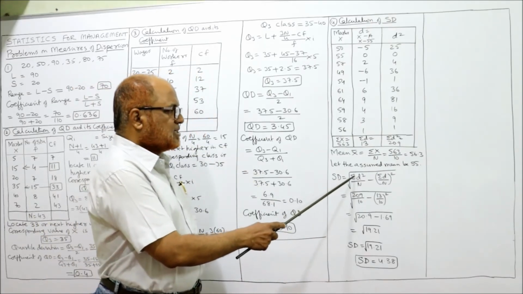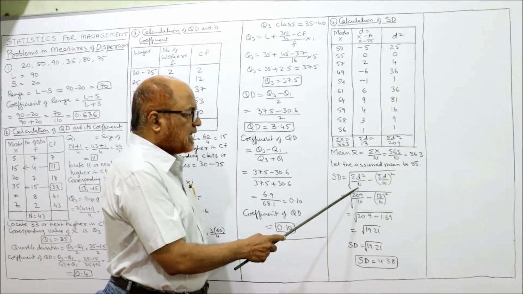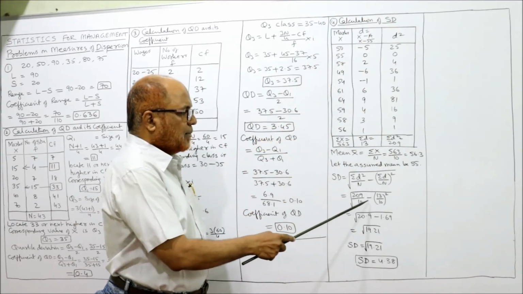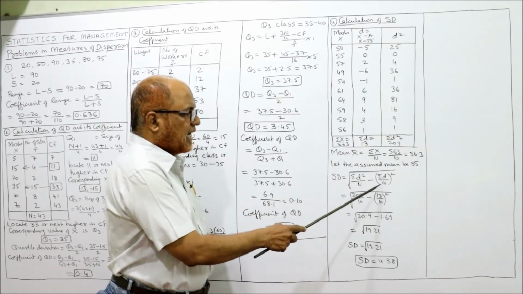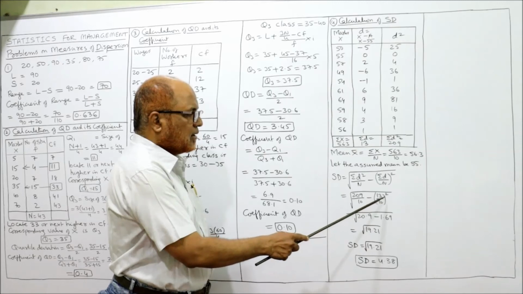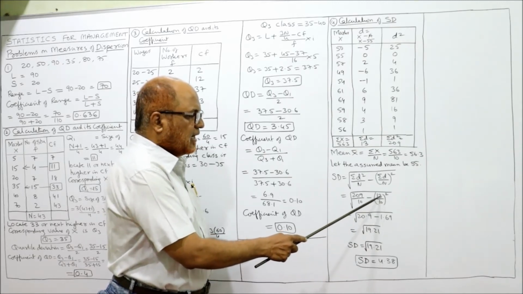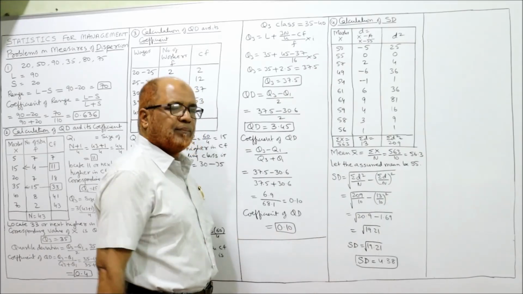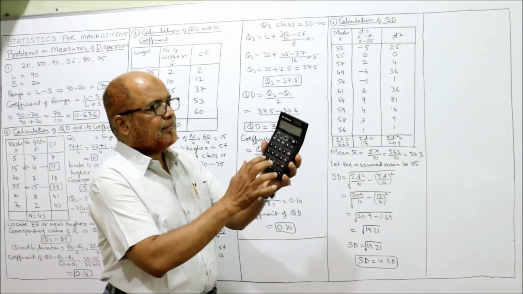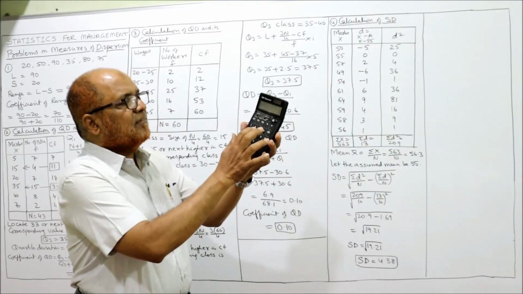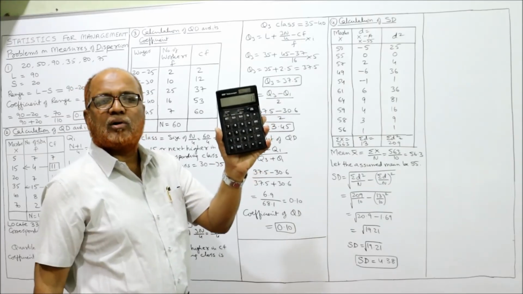So summation D square, how much is it? 209. So 209 divided by 10 because 10 values are there, minus summation D is 13, 13 by 10, N is 10, whole square. So 209 by 10 you will get 20.9, minus 13 divided by 10 square. On the calculator, what you should do is 13 divided by 10 equals, you got a value.